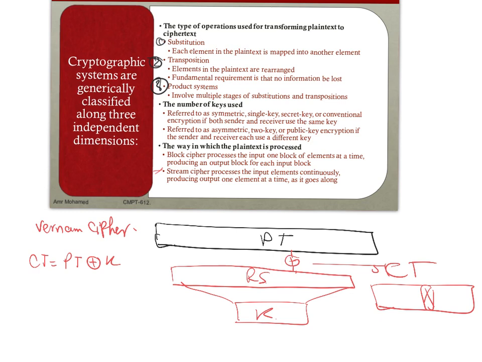Meaning, if the attacker knows ciphertext 0, ciphertext 1, ciphertext 2, and so on, there is a mathematical proof that the only way to attack the Vernam cipher is brute force, to get the key.